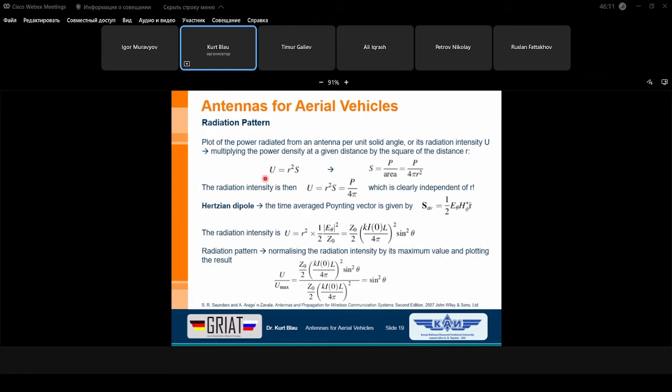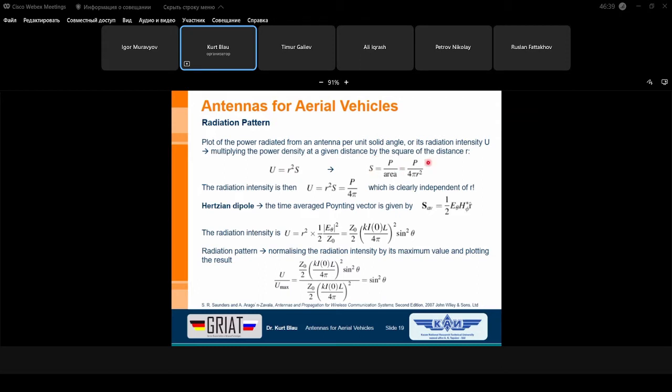You can use the letter U or another one; we have used the capital U here. This is our measurement distance from the origin, r in square, and this is the power density. Power density, the word says what happens: we have a power at this point divided by the area.